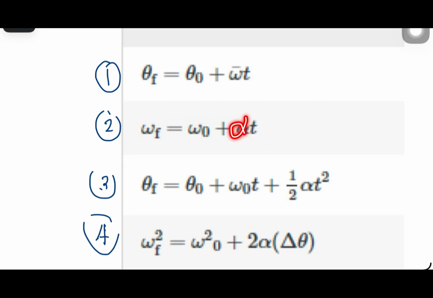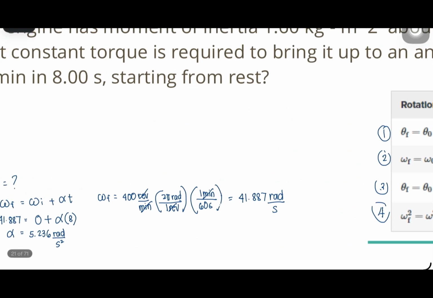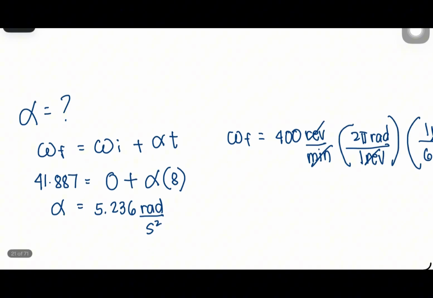Then, yung isang unknown natin na angular acceleration. So, substituting all the known variables, we only have here the alpha na masosolve natin. So, nakuha natin dito class is 5.236 rad per second squared.